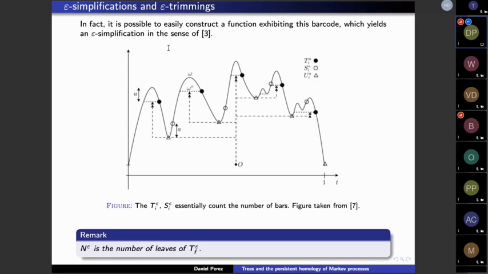Because once you have constructed this, there's a quite natural function which you can look at, which essentially consists of the function where you cut off all the peaks and you just extend by the constant function. And so if you do this, you get an epsilon simplification because you have reduced all the bars which have length less than epsilon.